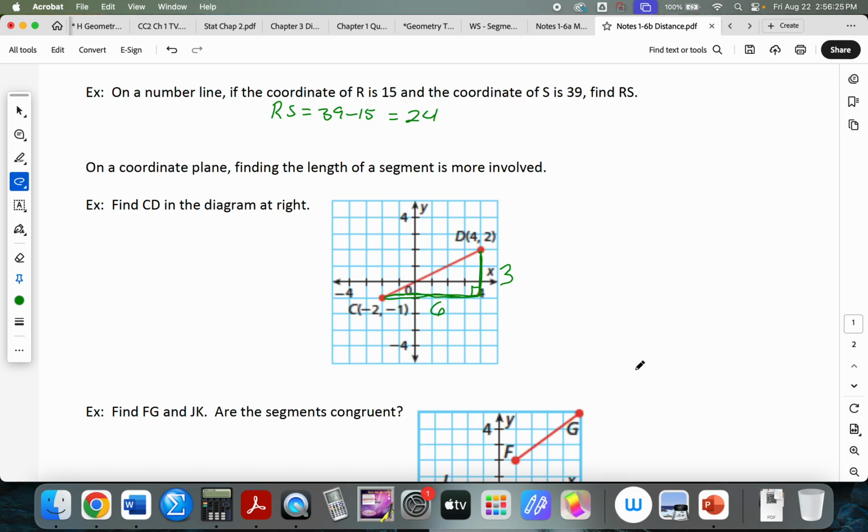So then, what I'm going to do is do the Pythagorean theorem, which you learned in middle school. You may have forgotten it, and that's okay if you've forgotten it. The Pythagorean theorem says that if the sides of a right triangle are A, B, and C, where C is the hypotenuse, A squared plus B squared gives you C squared.